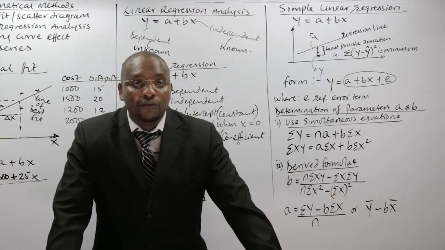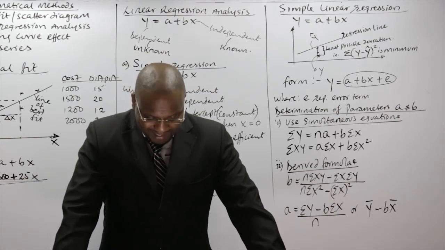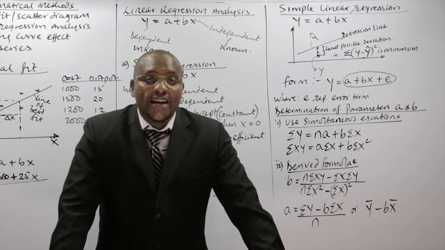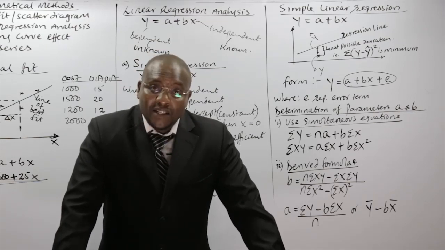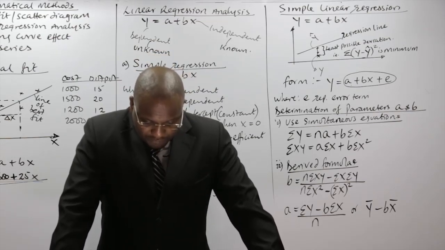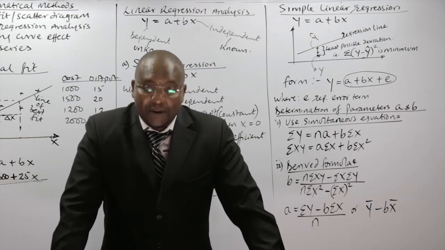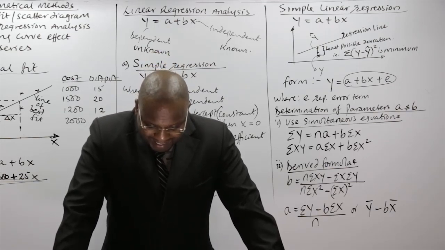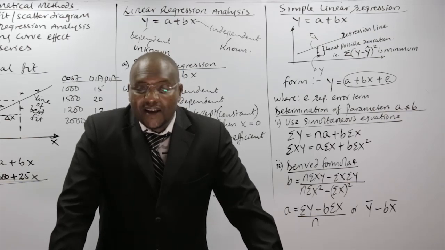The assumptions of linear regression analysis: number one is that there is linearity. That means the dependent variable and the independent variables are related in a linear way.